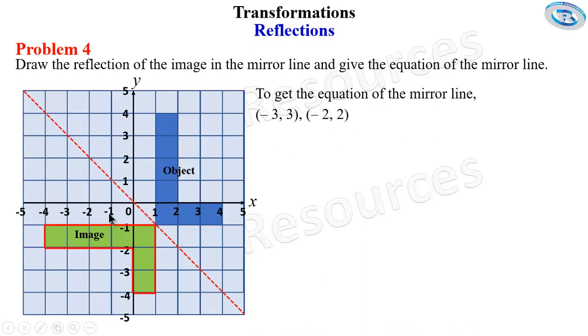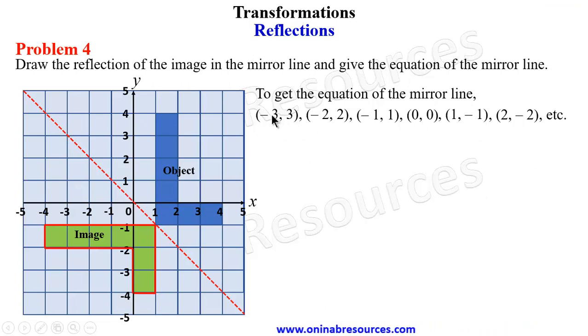So we have it there. -1, 1. We have -1, 1. It passes through the origin, so we have 0, 0. And here is 1, -1. And here 2, -2, and so on.